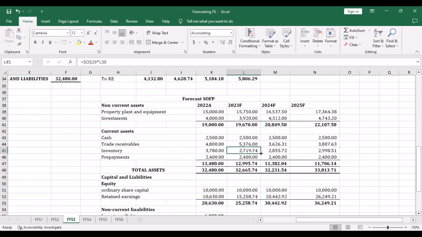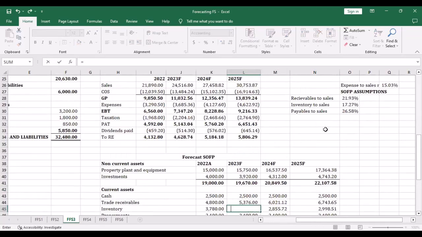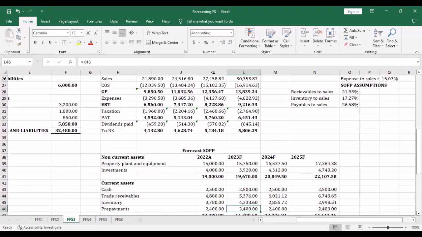Then I drag. Actually, I can see there is some increase. Then for the inventory, I press F4 and multiply by the sales in 2023. That way, yes.